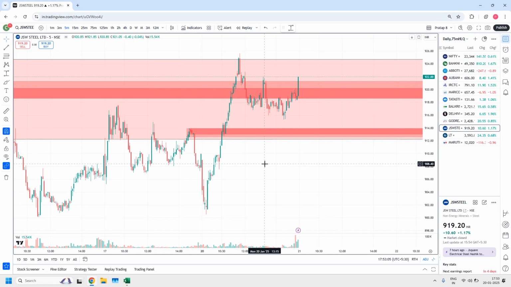So this is JSW Steel, and you would have got a few more trade opportunities, but we didn't analyze very deep. Why? Because you are learning. When you are learning, taking complicated price structures or price action concepts is difficult. Generally, I call these price structures in identifying the zones.